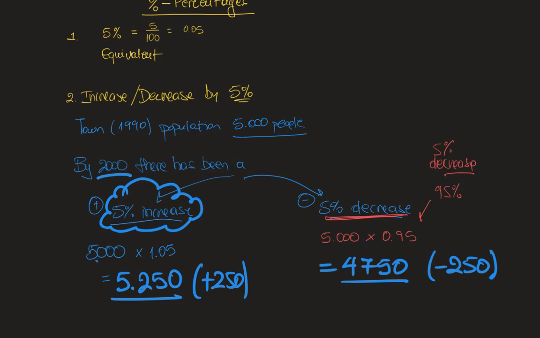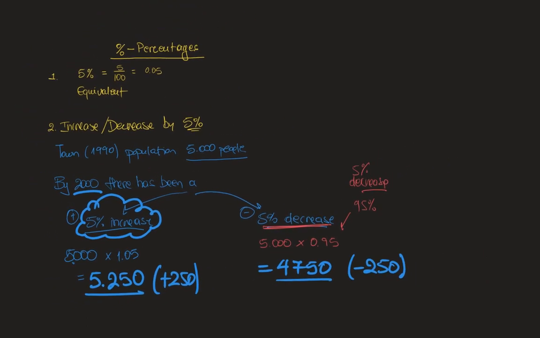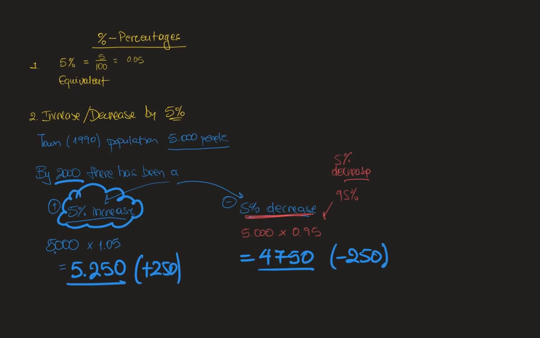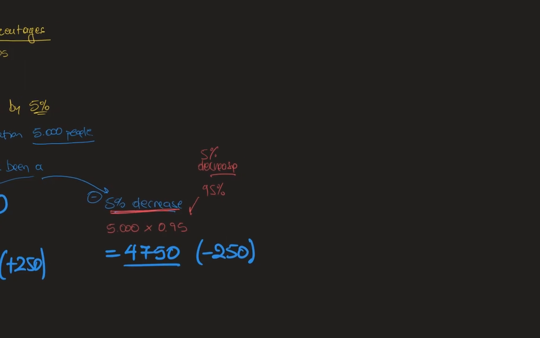Now, there's two more things that we need to discuss, and we could continue with the same problem, but that wouldn't make sense because we already know the percentage increase or decrease. So I'm going to talk about a similar example.